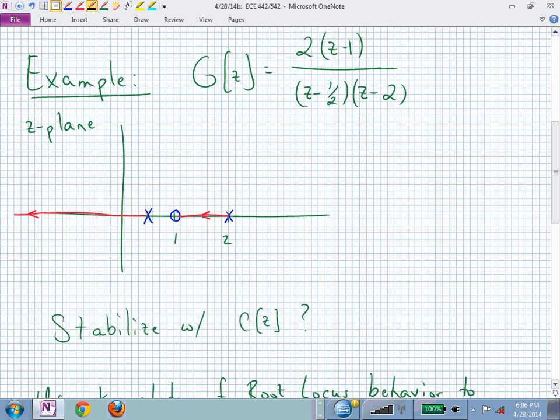You just can't put them on top of poles or zeros. You can put a pole on top of a pole because you're not canceling the pole. If I put a pole on top of that pole, what would happen to that branch between 1 and 2?